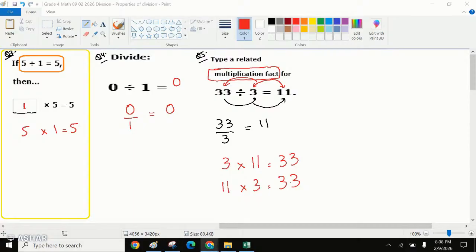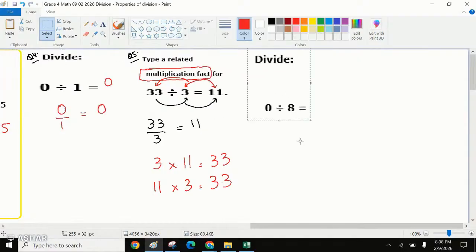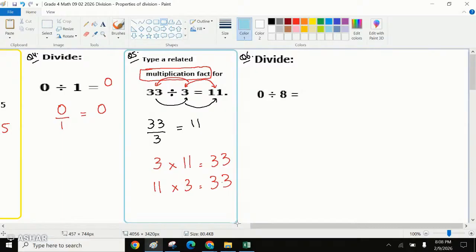Then again, they are asking us to divide a number by 8. Let's see which number. In question number 6, they're asking us to solve this. When 0 is divided by 8, the answer should be 0. 0 divided by any number, right?